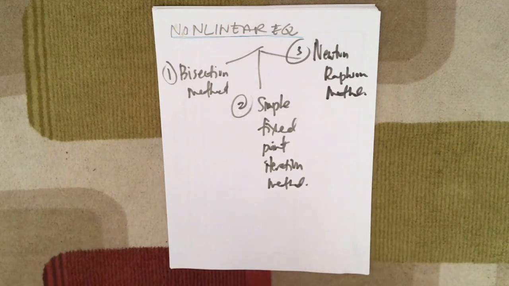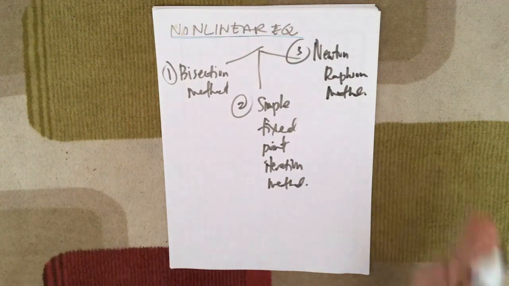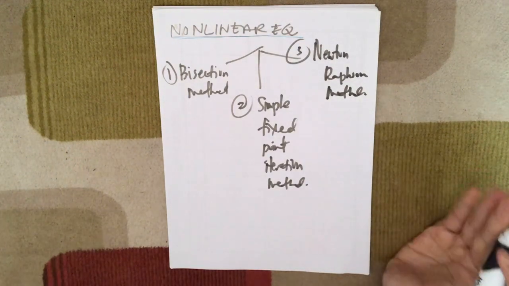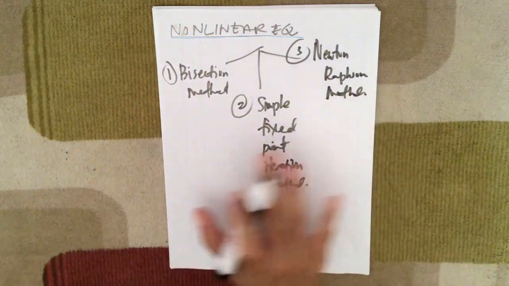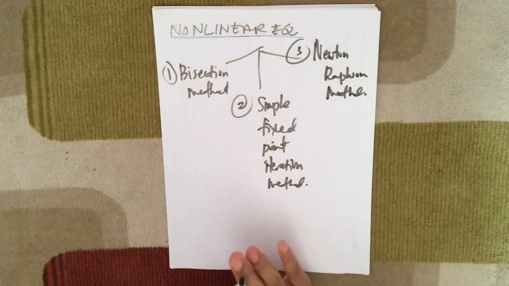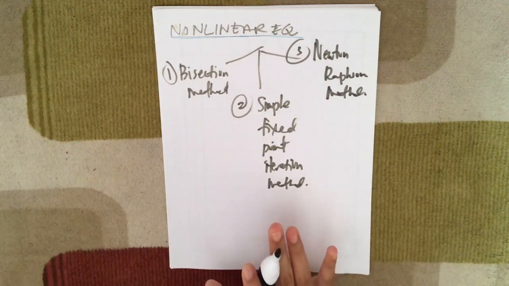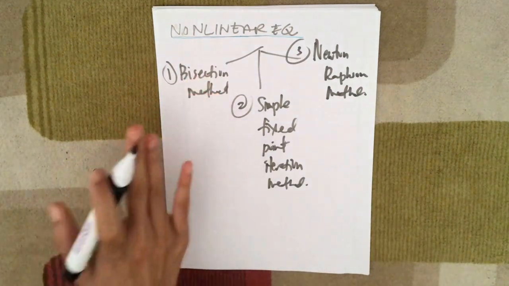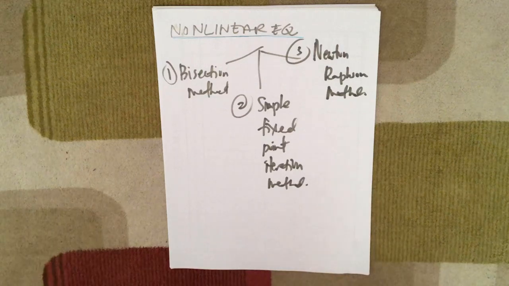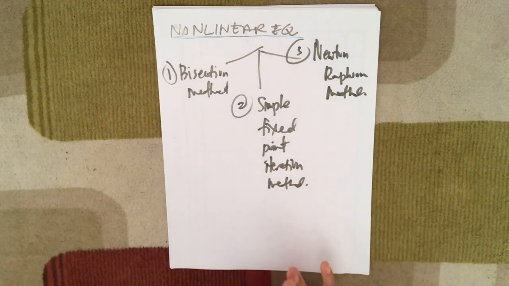But before that, at the end of this chapter, you will be able to know how to solve the nonlinear equation by using each of the methods. So make sure you can differentiate. When the question asks you to use bisection, then you know how to use it. Please don't get confused between these methods.